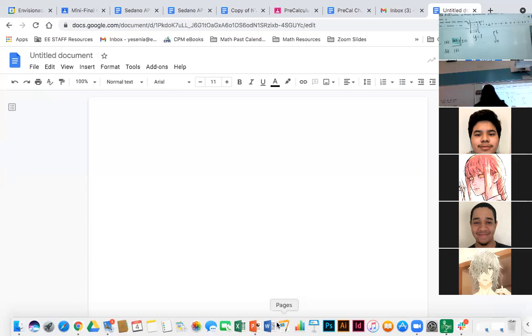That's the tricky part. What is the antiderivative of y equals 1? We'll have to figure out the antiderivative first.